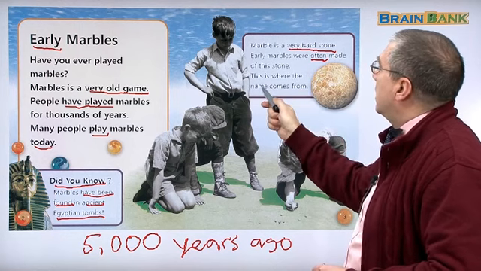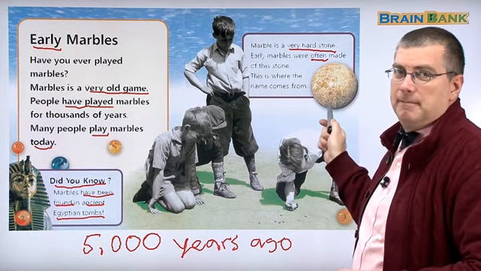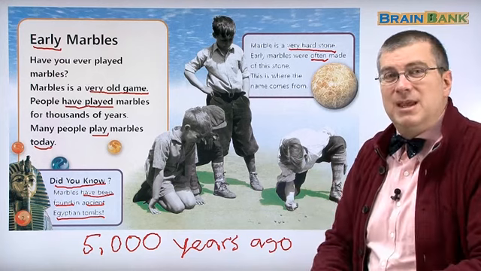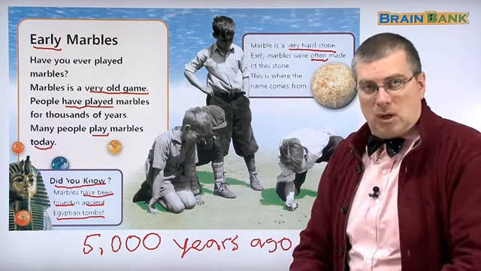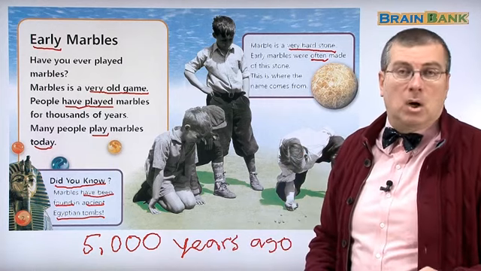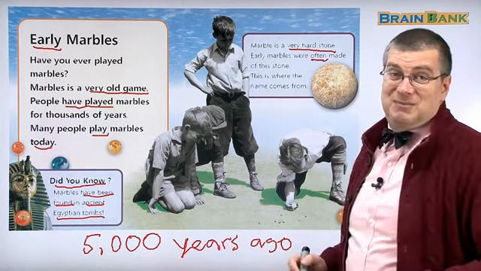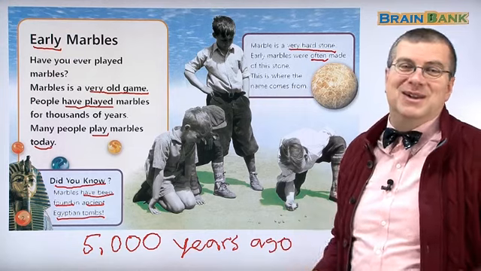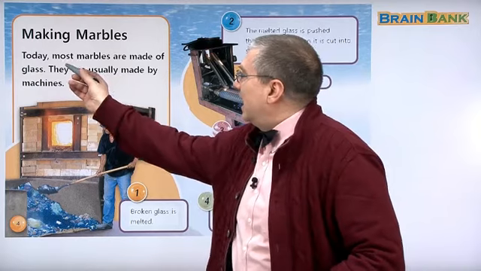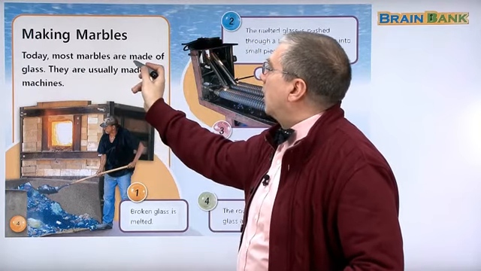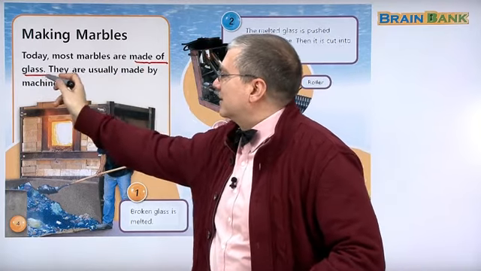It was made from this stone, so it's called marble. That's why we call it marble. Of course, these are very expensive because that stone is very expensive. However, nowadays, today, most marbles are made of glass.